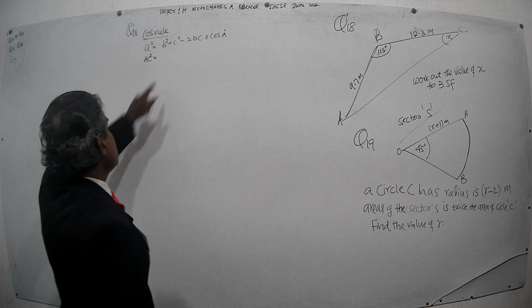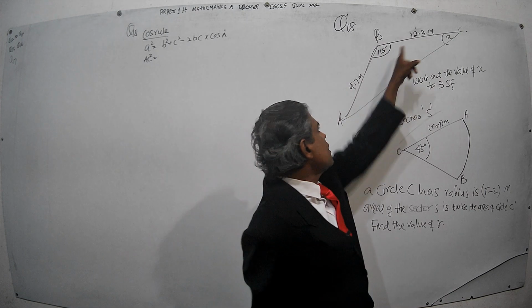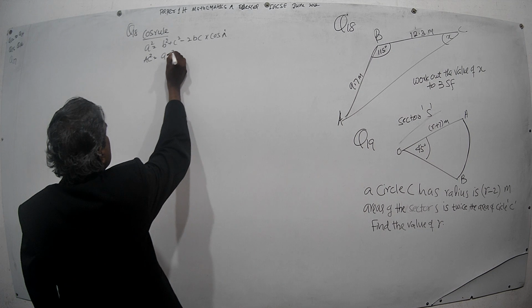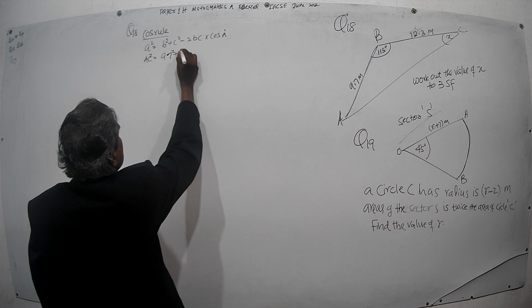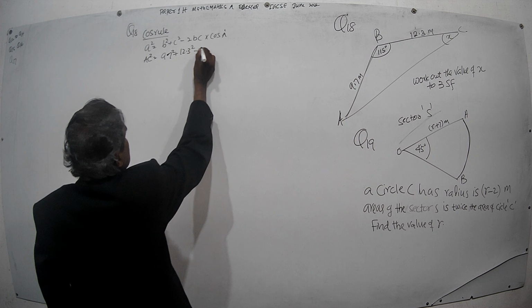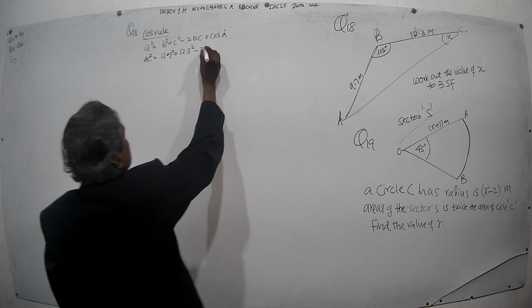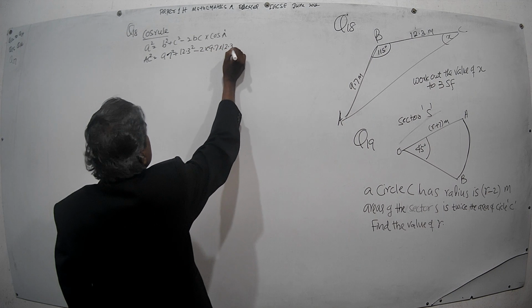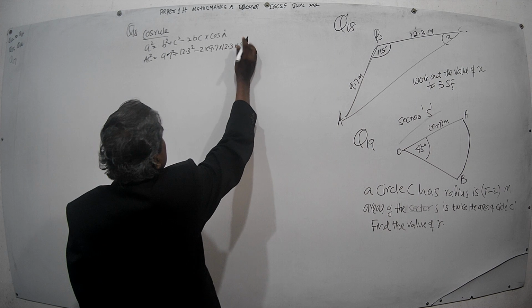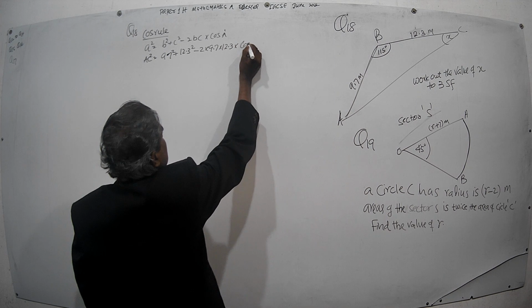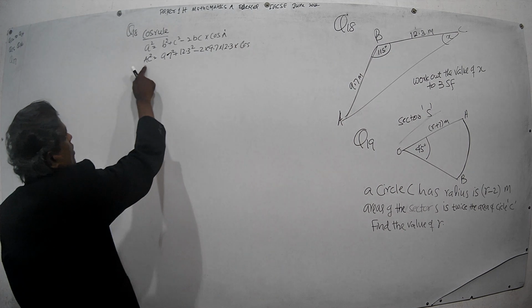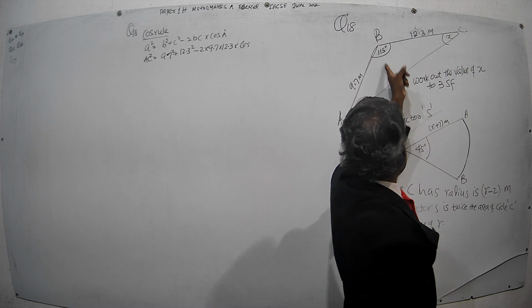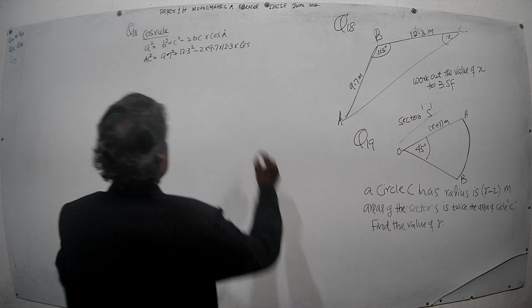AC squared equals 9.7 squared plus 12.3 squared, minus 2 into 9.7 into 12.3, into cos of the angle opposite side AC, which is 150. Cos 150.